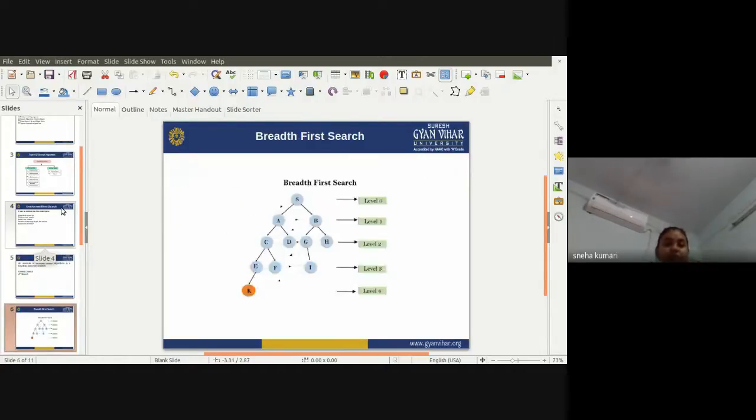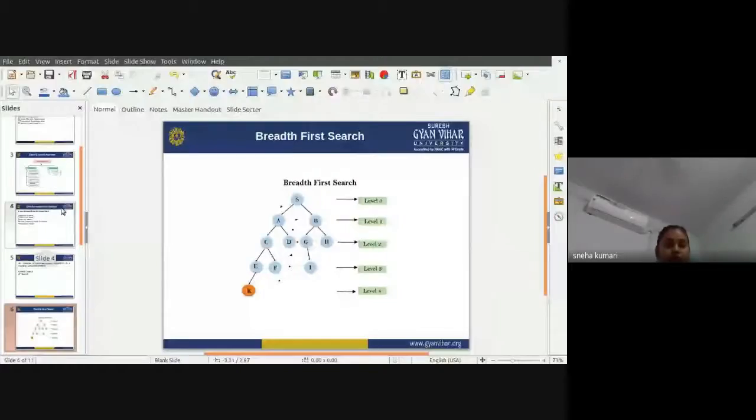Next, we will start with uninformed search. Uninformed search is a class of general purpose search algorithms which operate in a brute force way. Uninformed search algorithms do not have additional information about state or search space other than how to traverse the tree. So it is also called blind search.